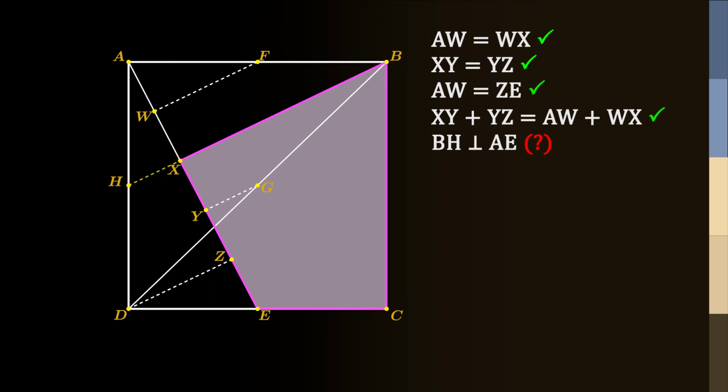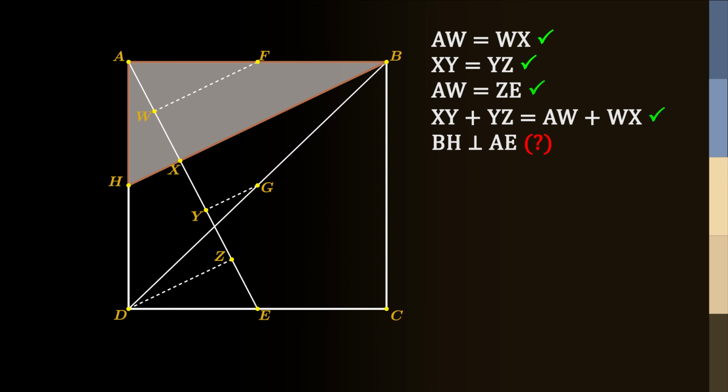We need to prove that the angle in X is a right angle. As the angle in C is a right angle because it's a square, having X a right angle means that the sum of the angles in B and E must be equal to two right angles, because the sum of all angles in a quadrilateral is 4 right angles, or 360 degrees.